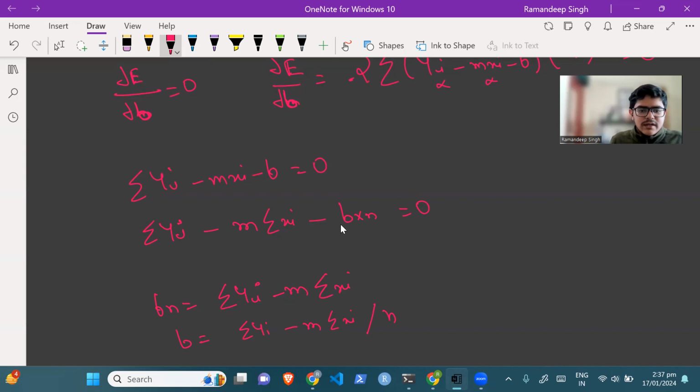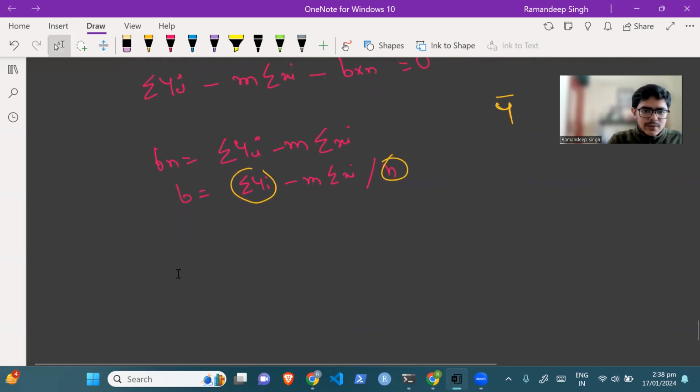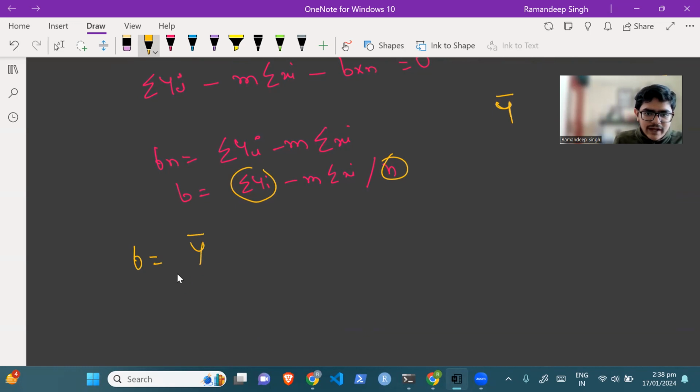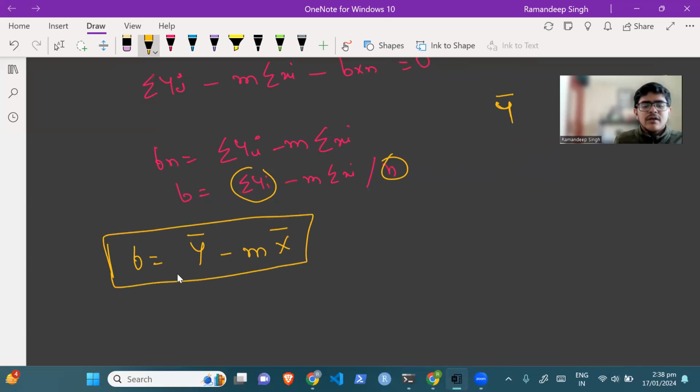So we will see that when the summation yi is divided by n, it is the mean of y, and when the summation xi is divided by the number of terms, it is the mean of x. So we will write b is equal to mean of y minus m into mean of x, and this is my value of the intercept where the error function is minimized.